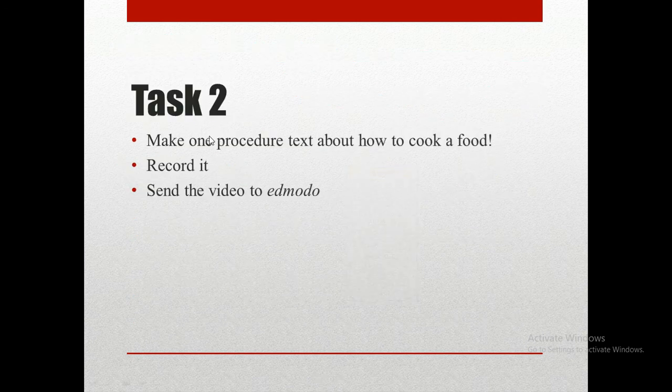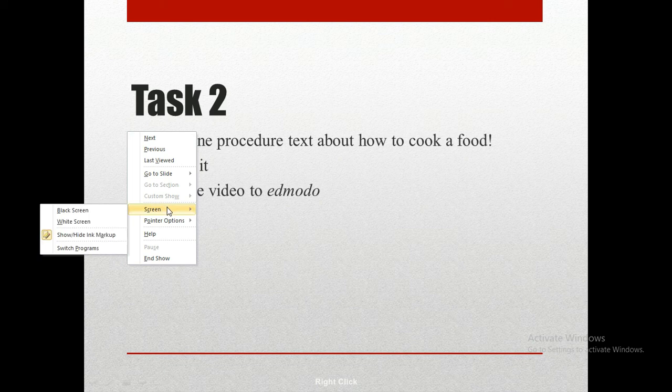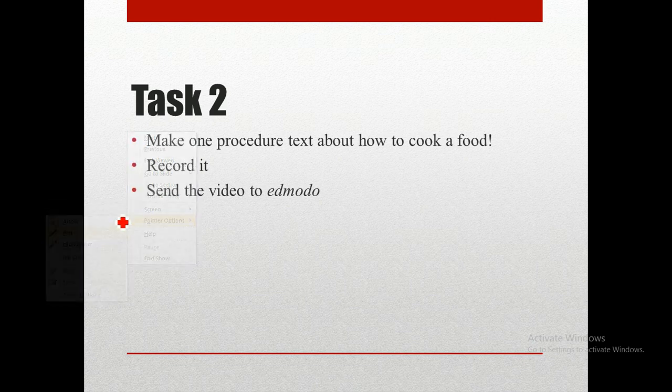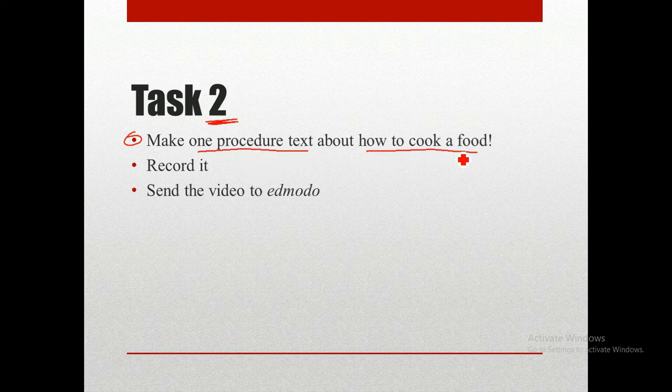Here is your task. Because we have already done task 1, today we're going to do task 2. The first one, you have to make one procedure text about how to cook a food.